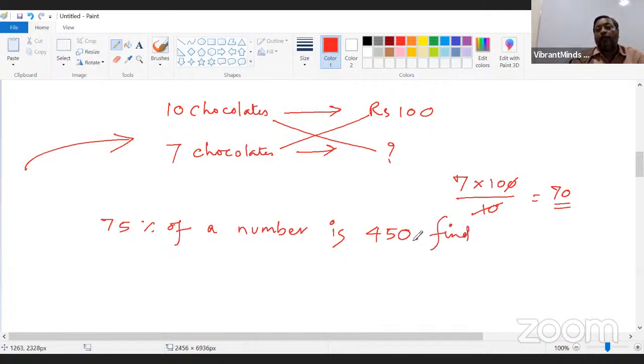Find 60% of that number. Now, what I would request, can you give me the answer? If you can, I would be happy. Please go ahead.